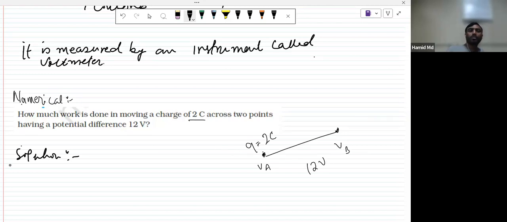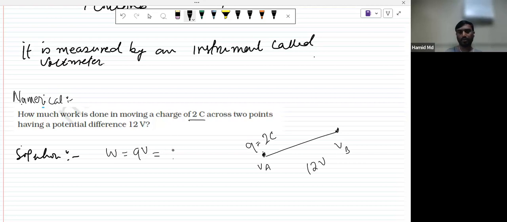So how will you solve this? Work done is Q into V. Jaslyn, will you solve it? How much will it come? So we have to multiply Q into V. So we'll get 12 into 2, which is 24 joules.